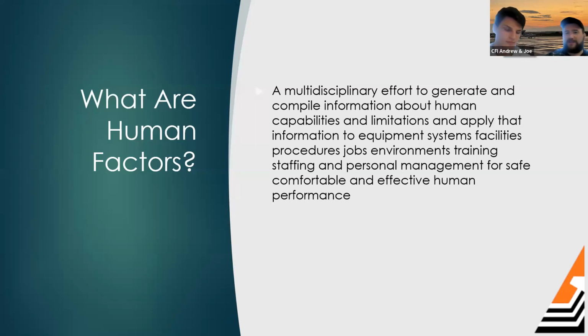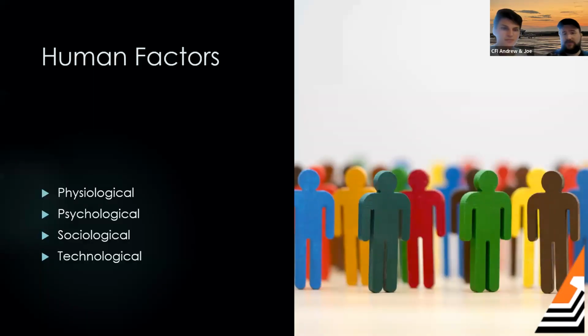Right. And half of eliminating these human factor performance issues is just recognition of these issues, because sometimes they're hard to recognize. So you want to understand when you're feeling one of these symptoms of some of the stuff we're going to talk about tonight. Right. And with that being said, we can break these human factors up into a couple of different categories. So we have the physiological or aeromedical factors, the psychological factors, such as maybe some illusions or mental health issues, sociological, and technological.